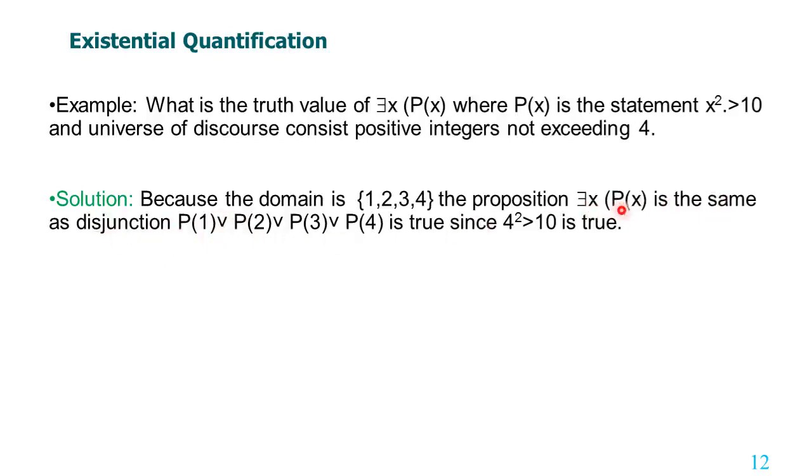In the case of or, if any one of the statements is true, then the result will be true. Here the statement P4 is true, since 4 square is greater than 10 is true. Hence, though the other statements are false, the result is true, hence this proposition is true.